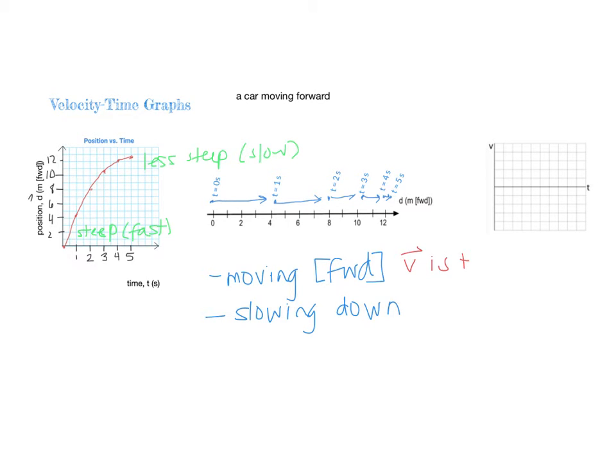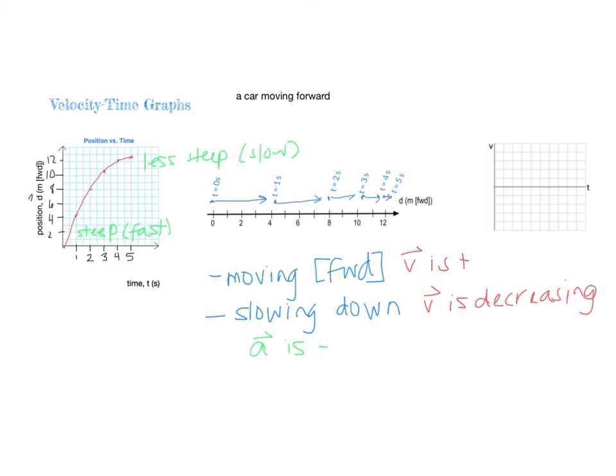So our v is decreasing. And we can also say that acceleration is negative. It's going to be in the opposite direction. So in our last example, velocity was positive and acceleration was positive. So it was getting faster, but here velocity is positive, but acceleration is negative and slowing that velocity down.